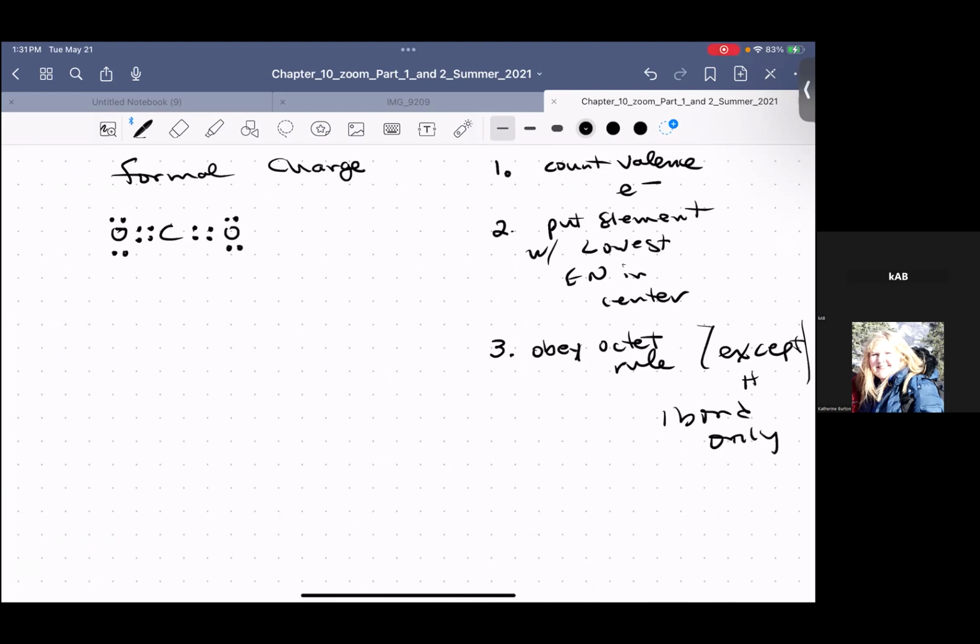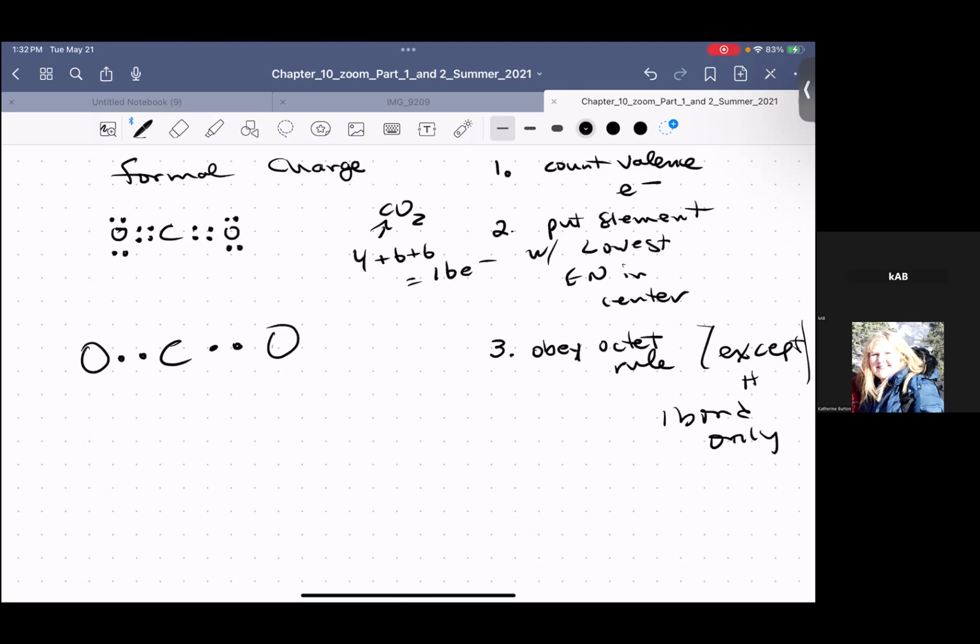All right, so if we take a look at our carbon dioxide and count this up, we've got CO2, we've got 4 electrons on carbon, and 2 oxygens with 6 electrons each, and that's going to give us 16 valence electrons. If we just drew this structure out, we would bond our carbon to our oxygens.